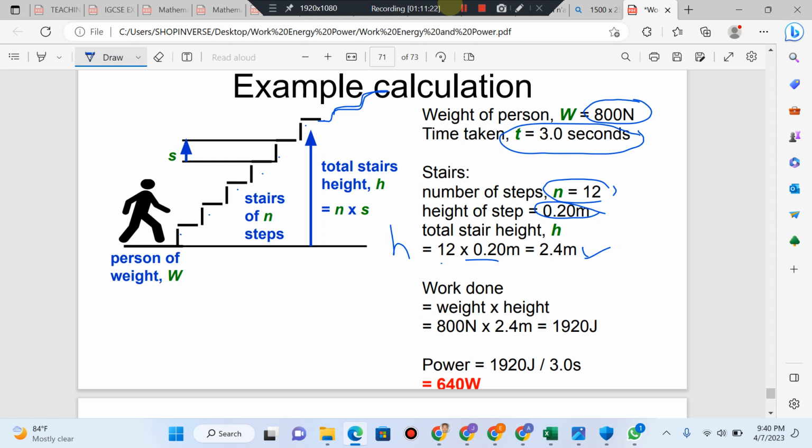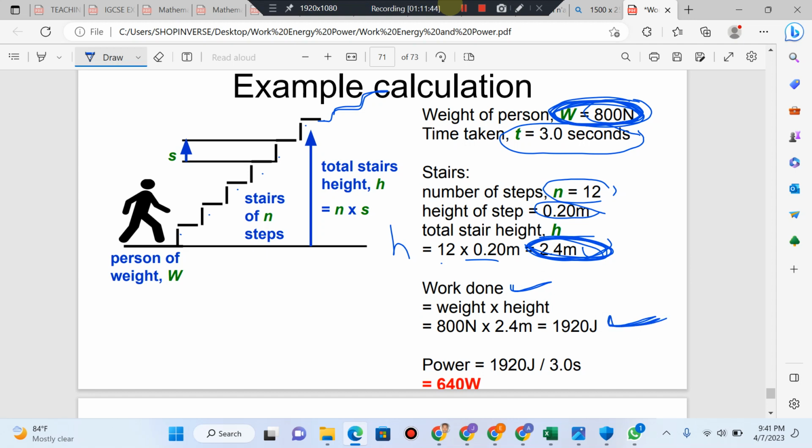That's the total height. How do you get work done? MGH. But since you don't have M, we have the weight, so you don't have to do MG. Just multiply the weight by the total distance, and that will give you the total work done. You know the total distance is your height, so multiply the weight by the height. That's how you get the work done.